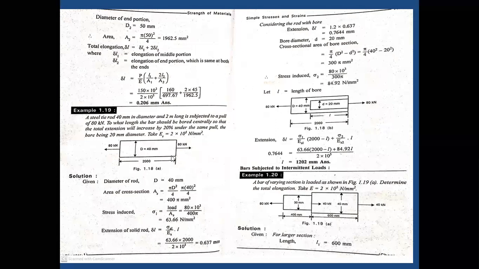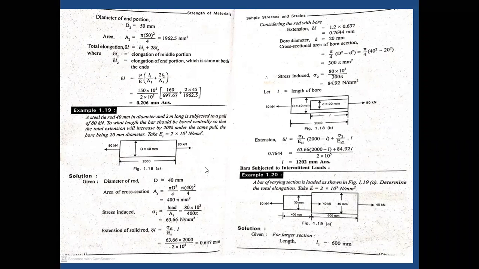What length should the bar be bored centrally so that the total extension will increase by 20% under the same pull? It has two situations. The first situation is this cross section of diameter 40 mm, to which we apply the 80 kilonewtons.